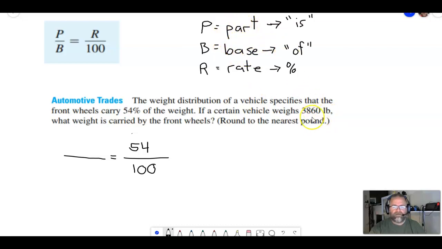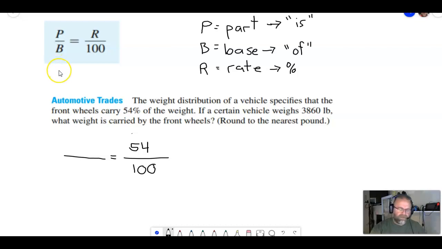And they don't use those keywords to help us figure out which one it is. So we're going to have to think about this a little bit logically. Remember, the part is some section of the whole, and the bottom is going to be the whole thing.